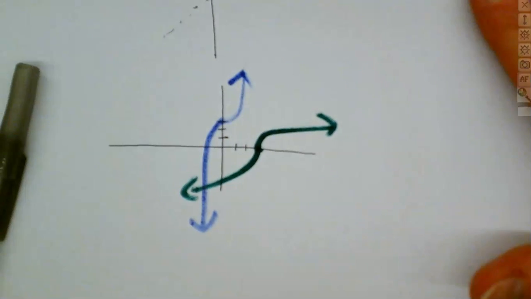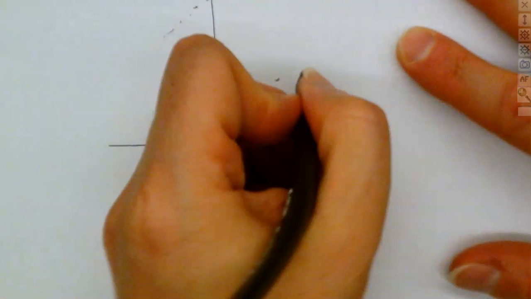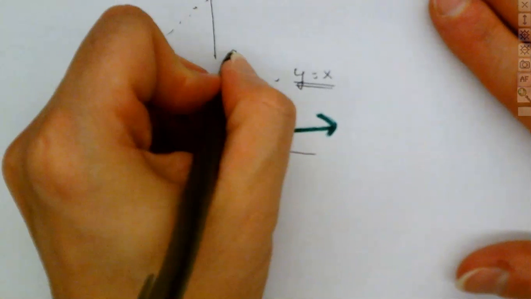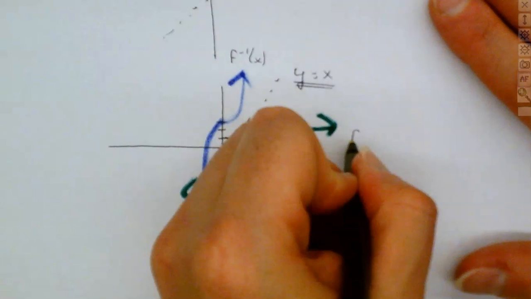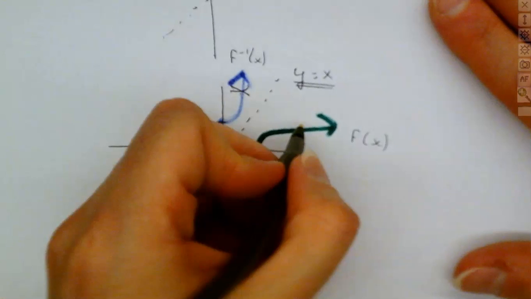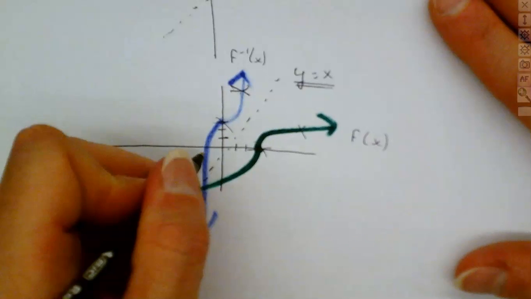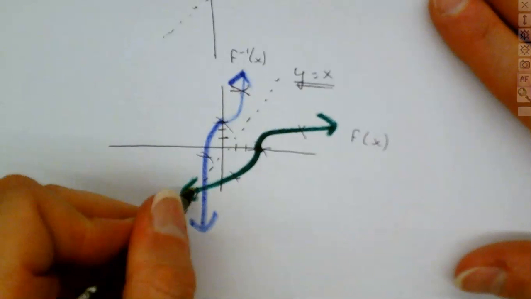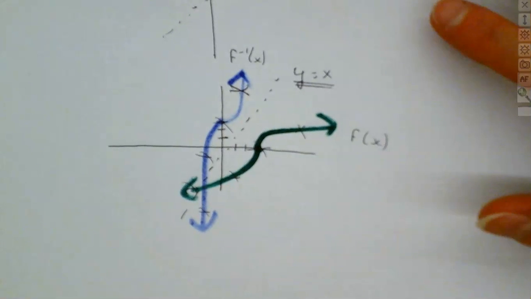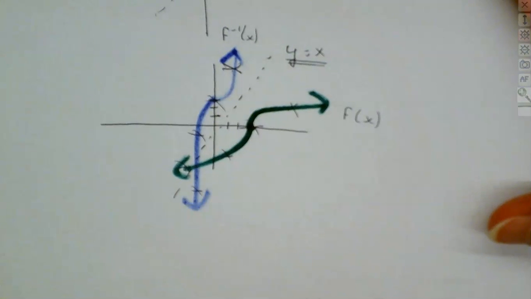Now these are also inverses, because if I draw my same line, y equals x, if this is your f here, what's going to happen? This piece here, this x here, folds across and matches there. This piece folds across and matches there. That one folds across, right? That folds and folds over. So as long as you can fold it over, that makes these inverses. So these two functions are inverses of each other.